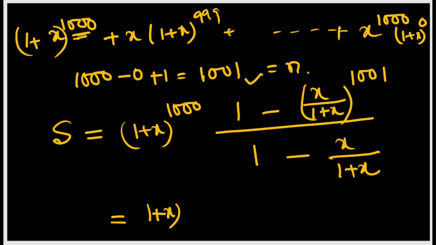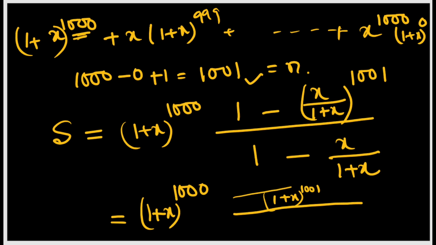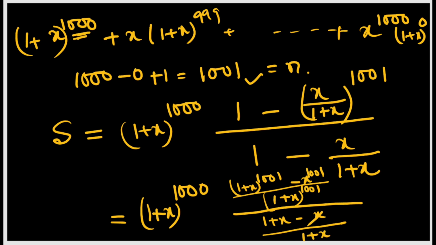Taking the LCM, we get 1 plus x power 1001 minus x power 1001 over 1 plus x power 1001, and in the denominator, 1 plus x minus x over 1 plus x. This term is cancelled.